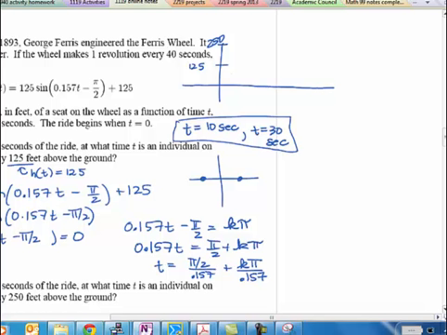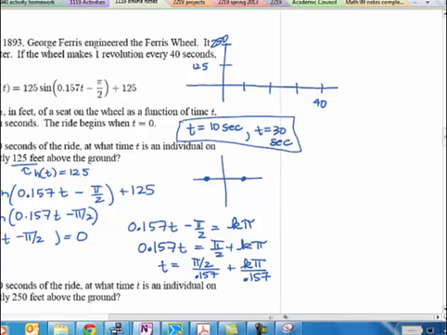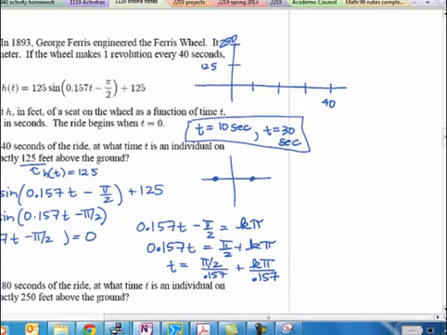The period is 40 seconds. So the period divided by 4 is going to be 10 seconds. When t is 0, we can see that h of 0 is 125 times sine of negative pi over 2 plus 125, which is 0.